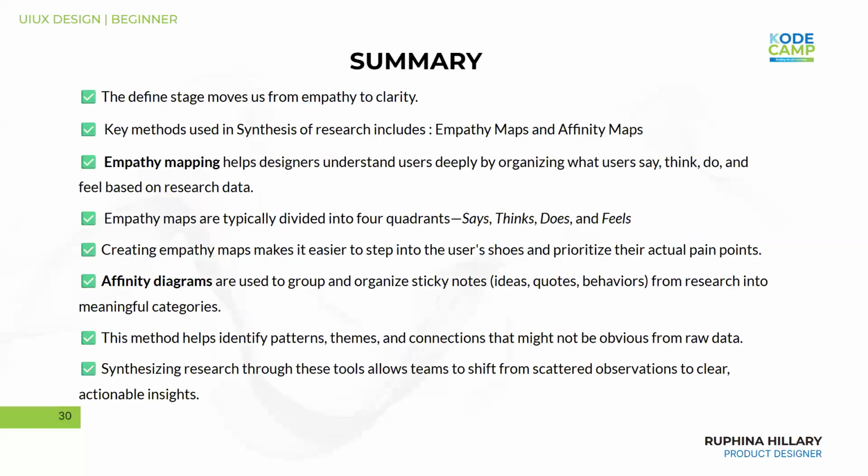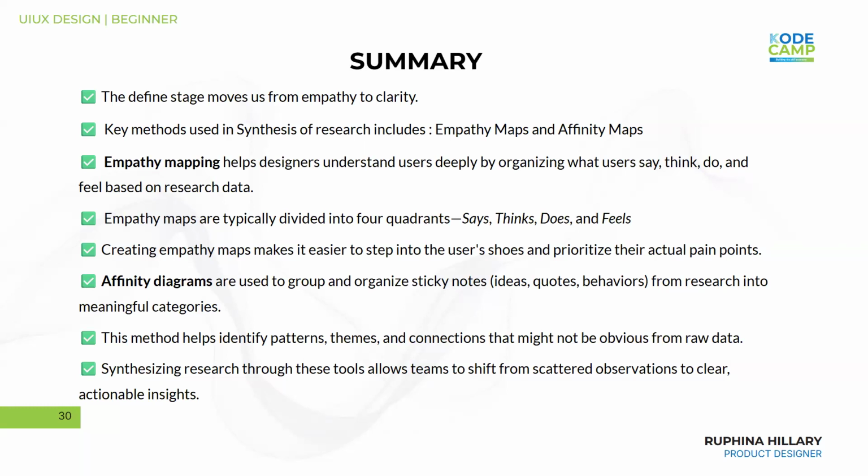So yeah, in summary, first, empathy to clarity. Key methods used in synthesis of research include empathy maps and affinity maps. Empathy maps help designers understand users deeply by organizing what users say, think, do, and feel based on research data. They're typically divided into four quadrants: the says, the thinks, the does, and the feels. So creating empathy maps makes it easier to step in the user's shoes and prioritize their actual pain points.